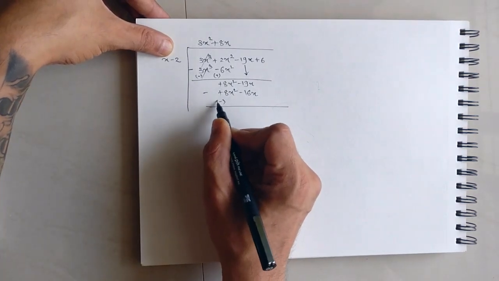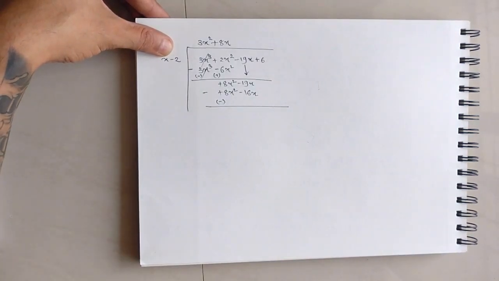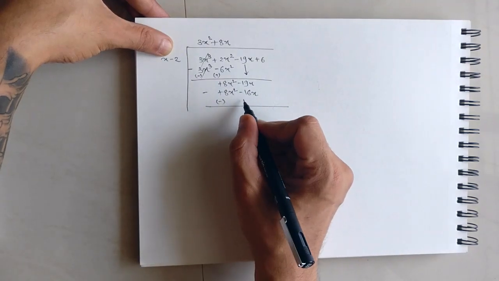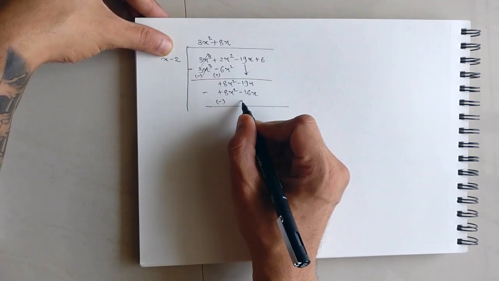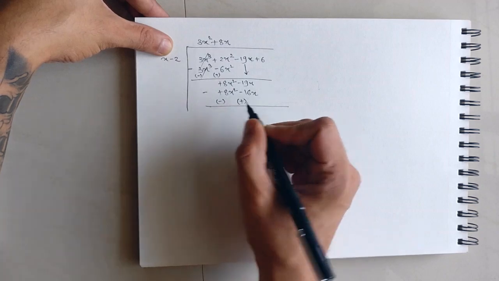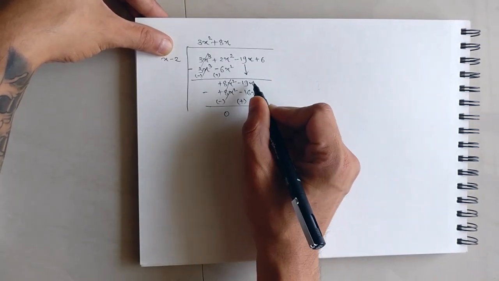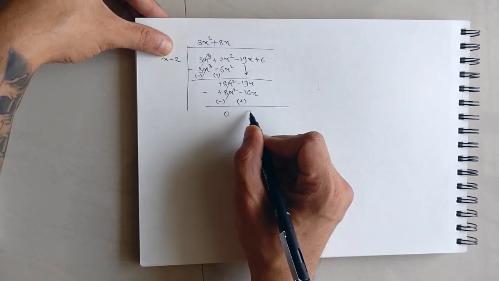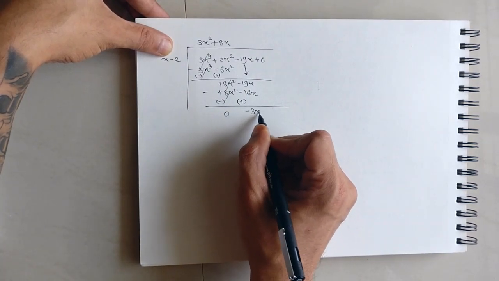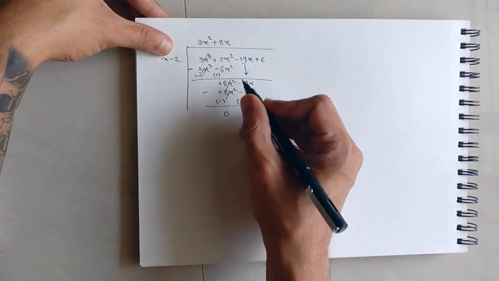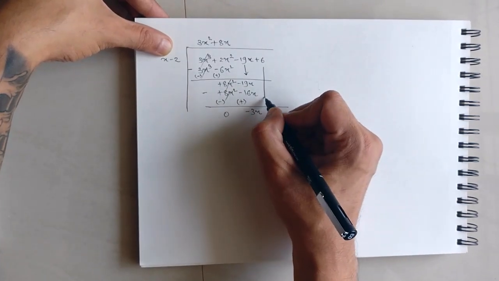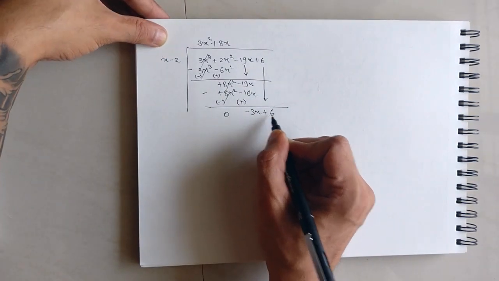So the signs change. 8x square minus 8x square becomes 0, minus 19x plus 16x becomes minus 3x, and plus 6 comes down.